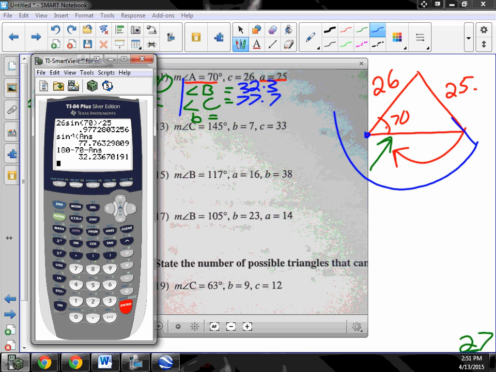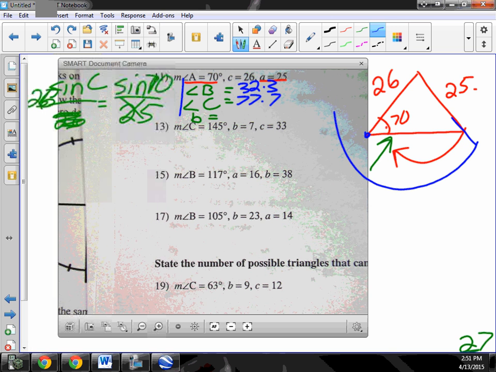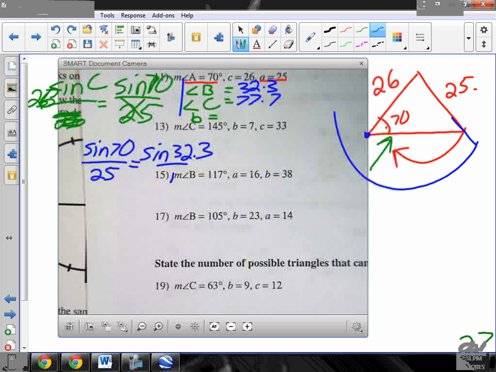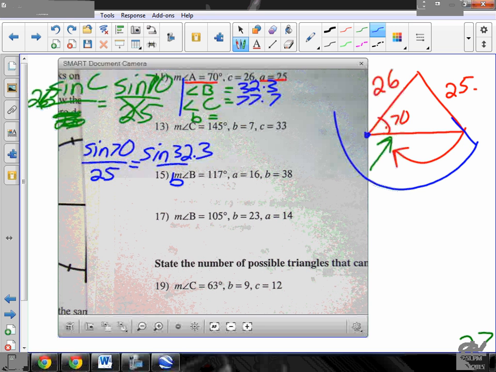Now that we know angle B, we can find side B by using the law of sines again. All right, so sine of 70 over 25 equals the sine of 32.3 over B. Are you guys good enough to just plug this in the calculator?